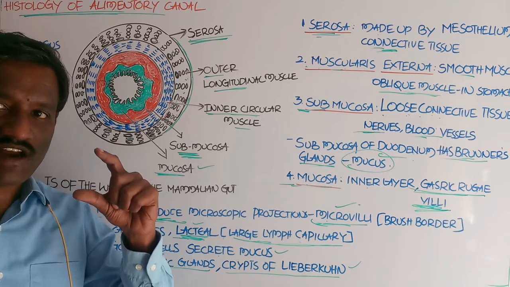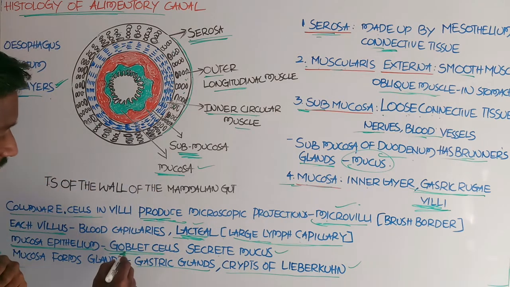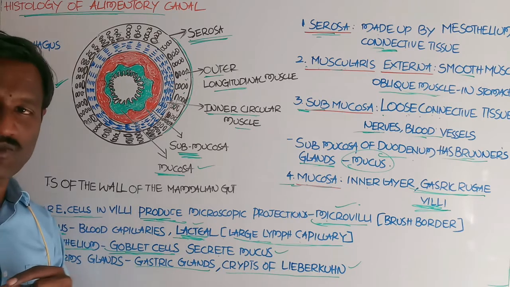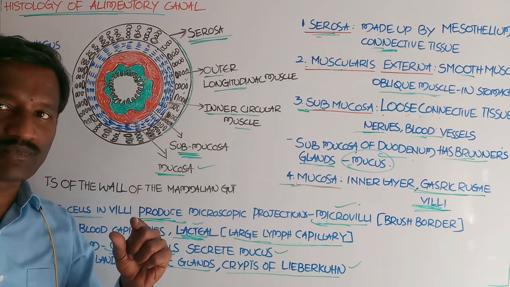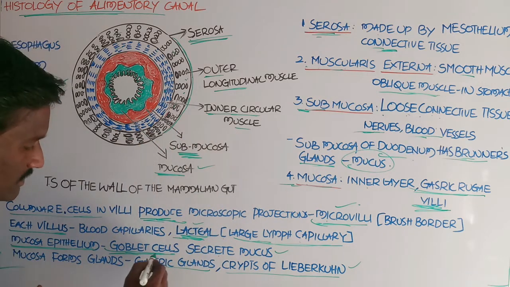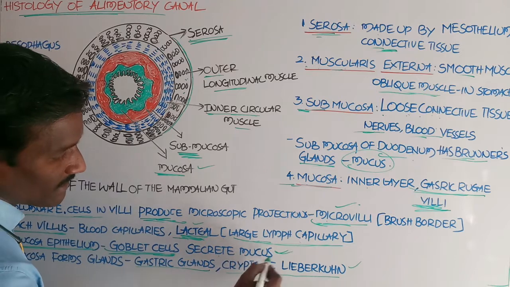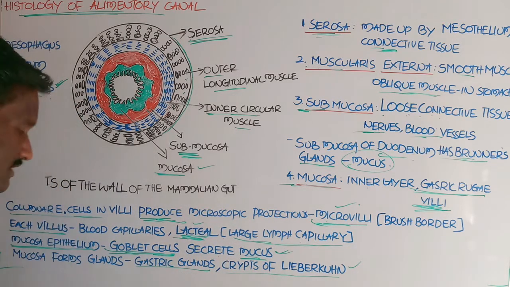The cells present in the mucosa epithelium are modified into goblet cells. These goblet cells secrete mucus.